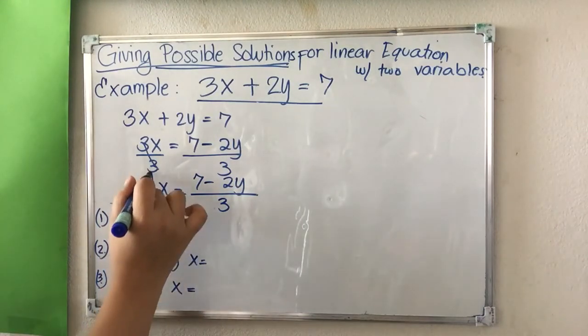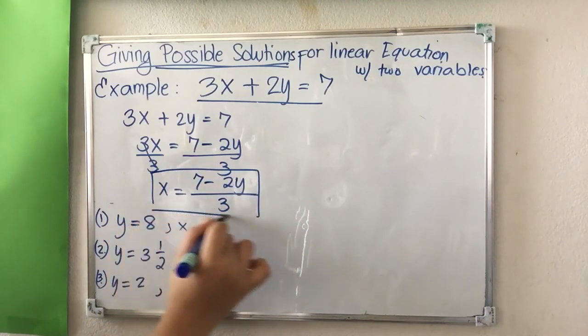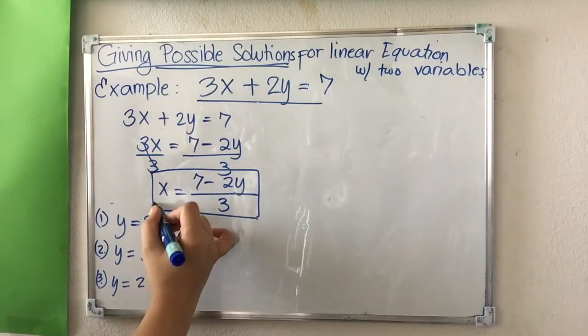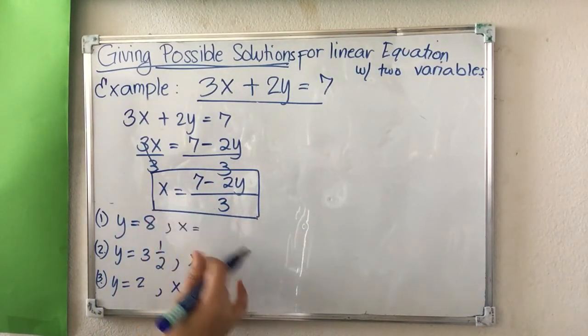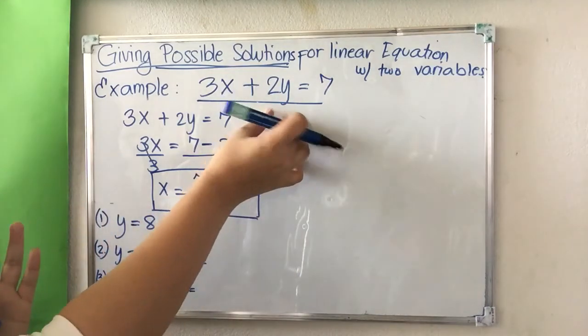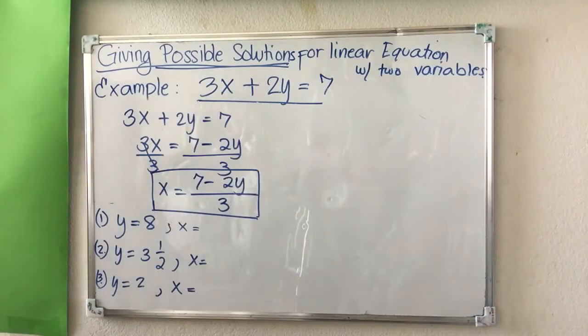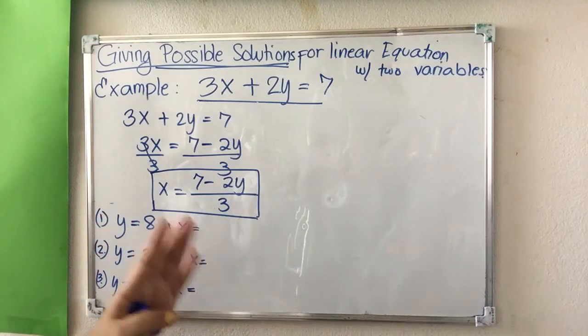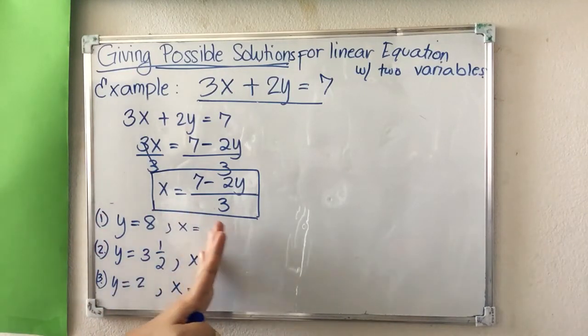So we will use this equation. Now let's try to check. Either we use the y or our x. You still remember the answer here. Let's try to check if this is correct.